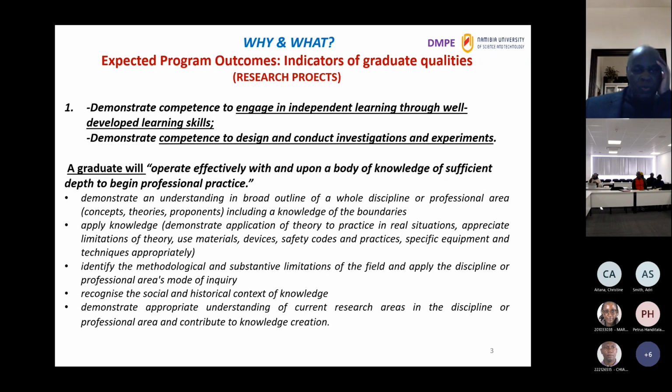The first requirement for you to call yourself a qualified graduate is for you to exhibit one of the qualities stated on this slide. You need to demonstrate competence to engage in independent learning through well-developed learning skills and demonstrate your competence to design and conduct investigations and experiments.